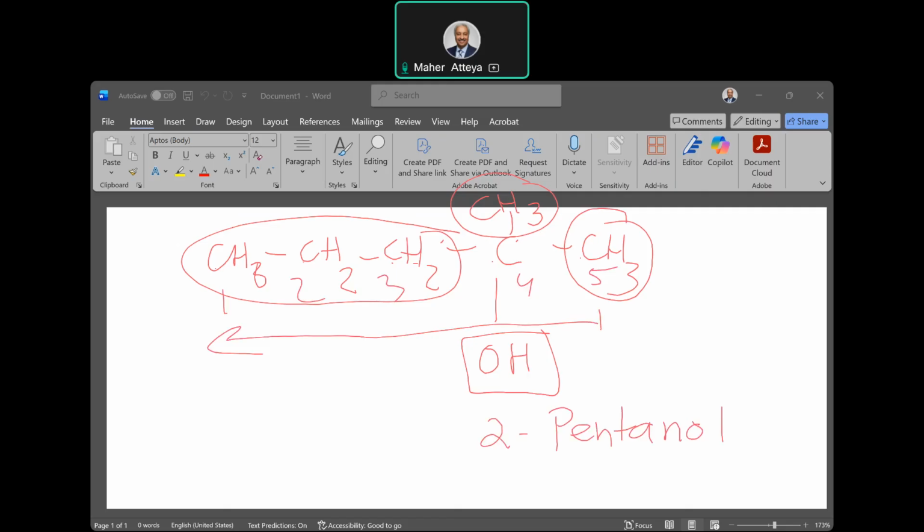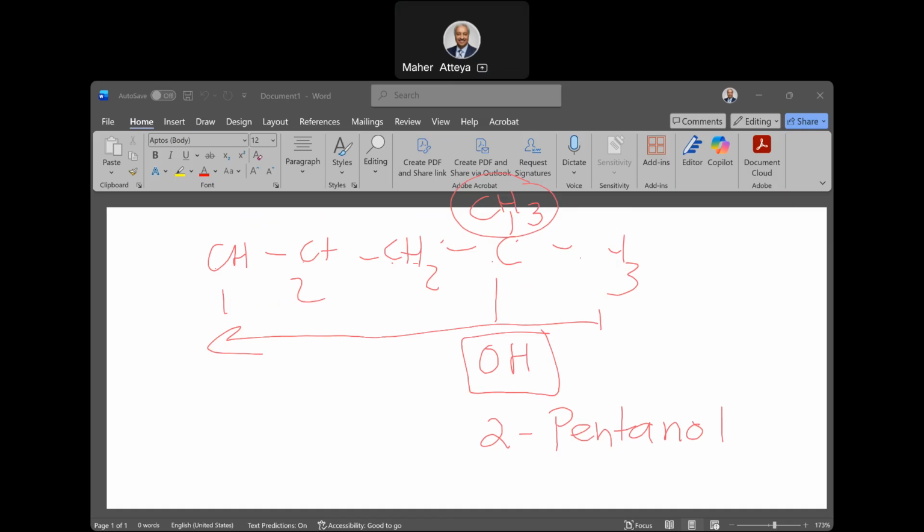That's 2, not 4. 2-pentanol. So this is 3, 2, CH3. So the numbering will be 1, 2, 3, 4, and 5.